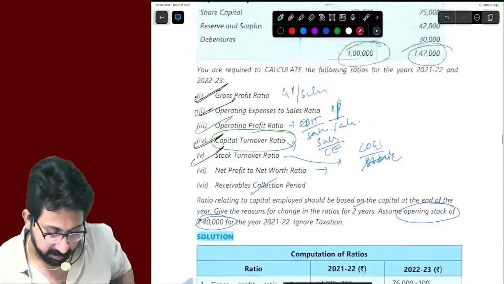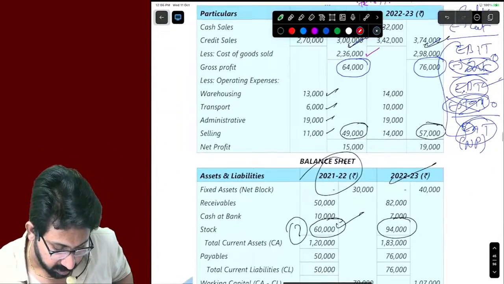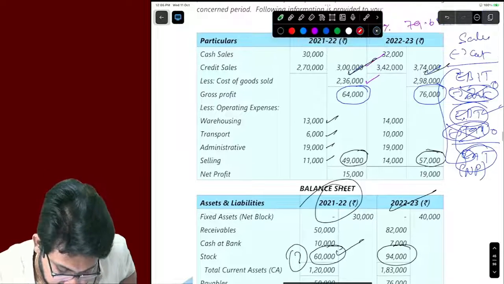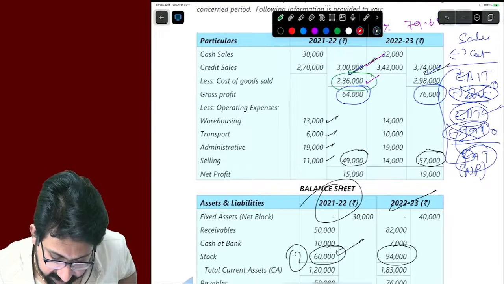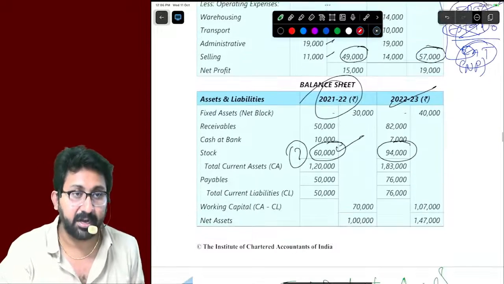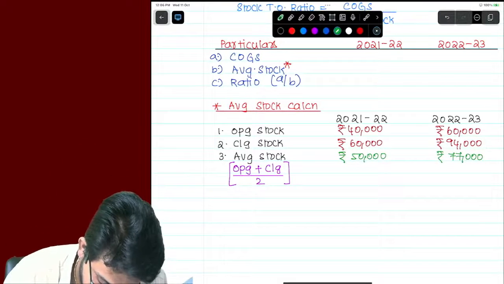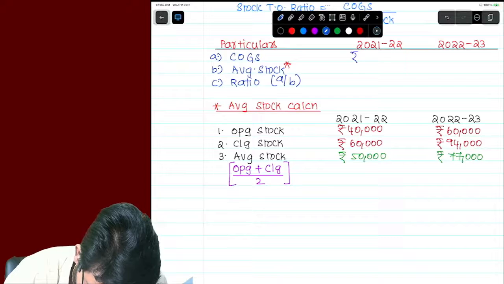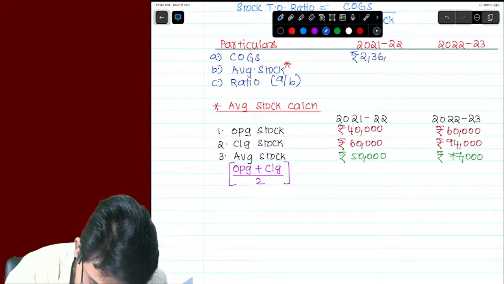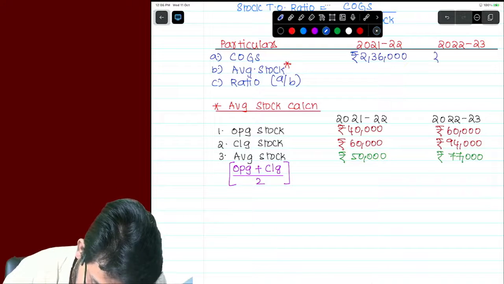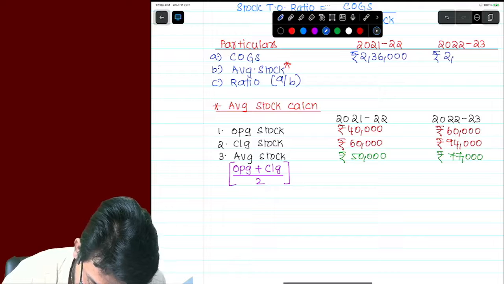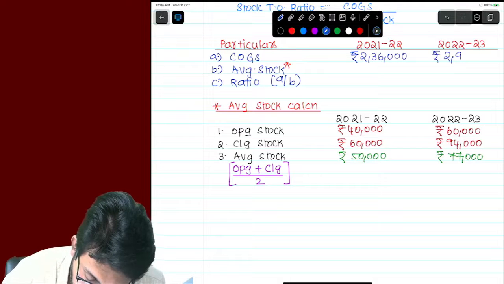Please check the problem and tell me what is the cost of goods sold he has given in the question. 2,36,000, 2,98,000. Correct? Write down. Two lakh 36, second one 2 lakh 98.